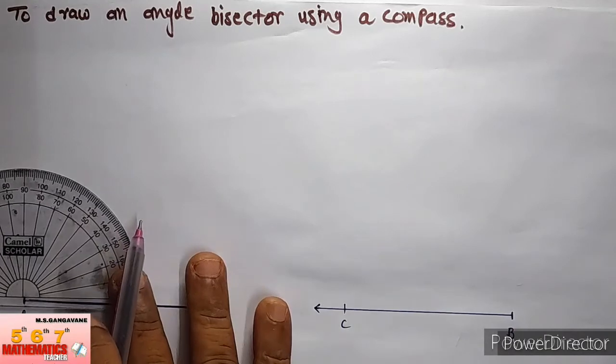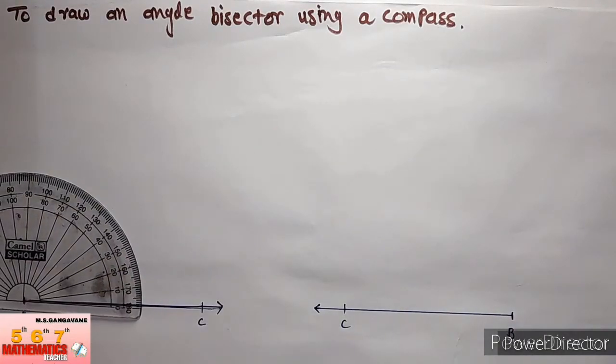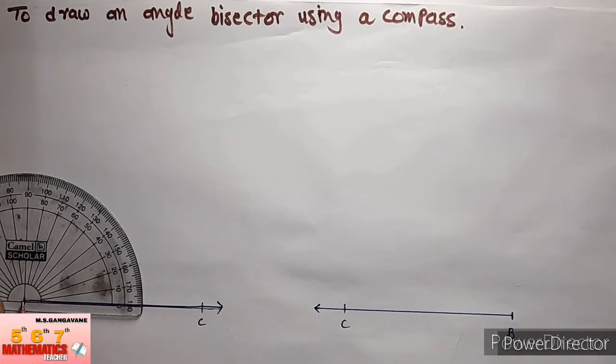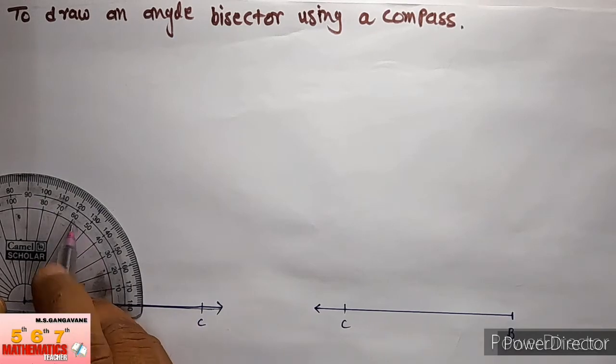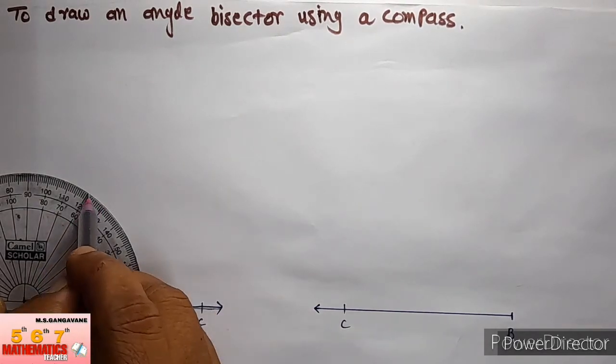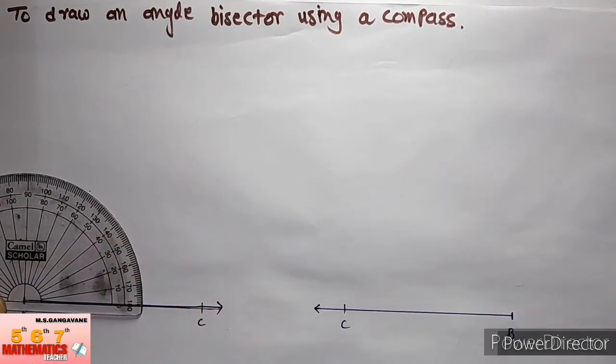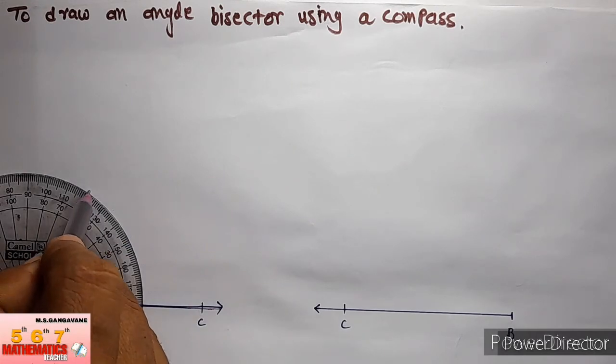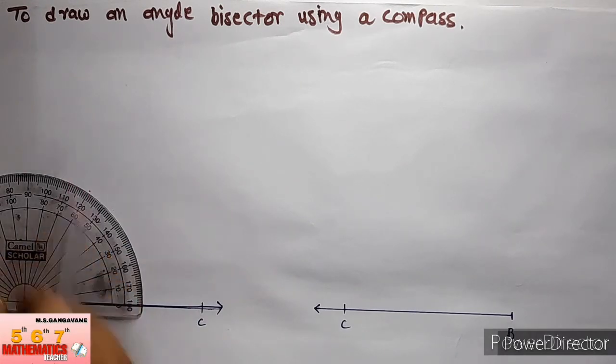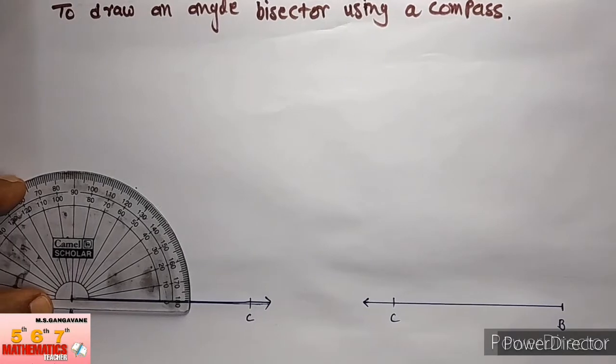So now the vertex point B is to your left hand, the center point on vertex B, the baseline on ray BC. Now find out the 60 degree from 0. On the inside number there is 60. Okay. Make a mark. Done.